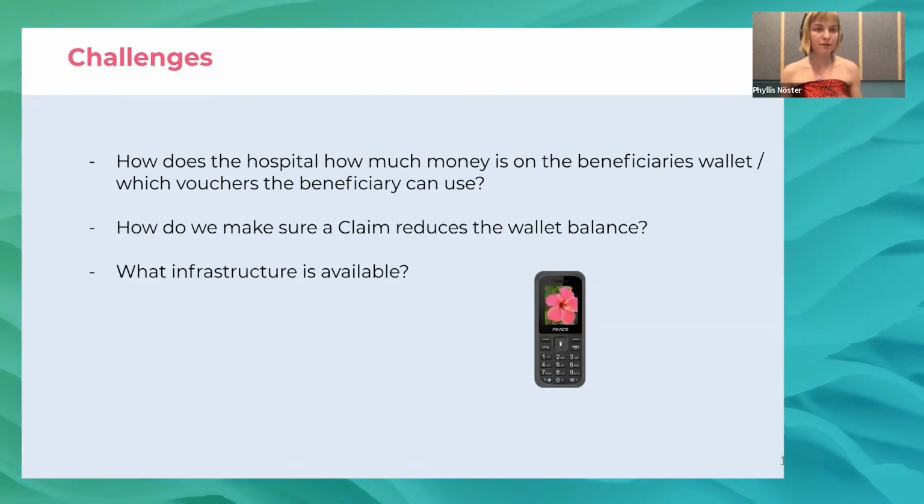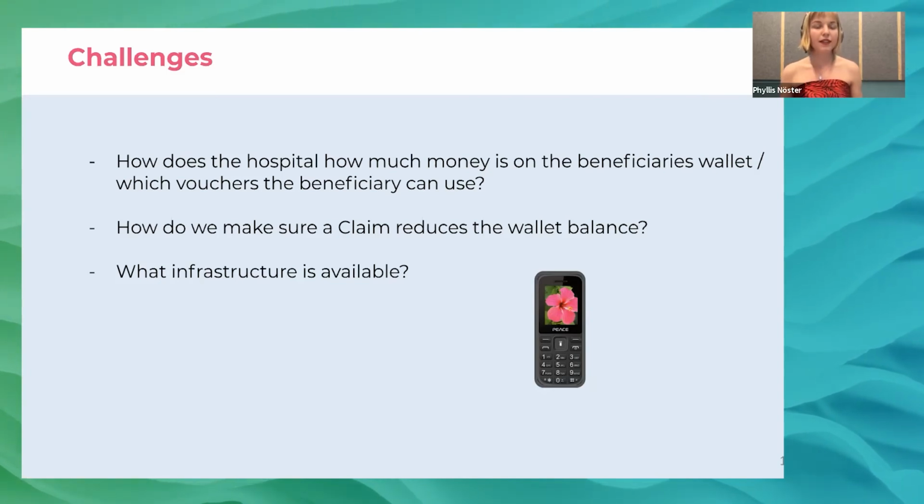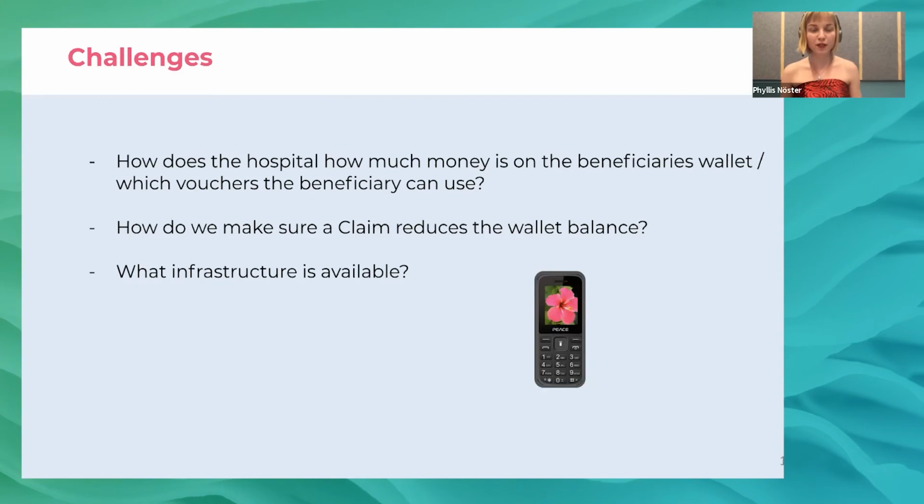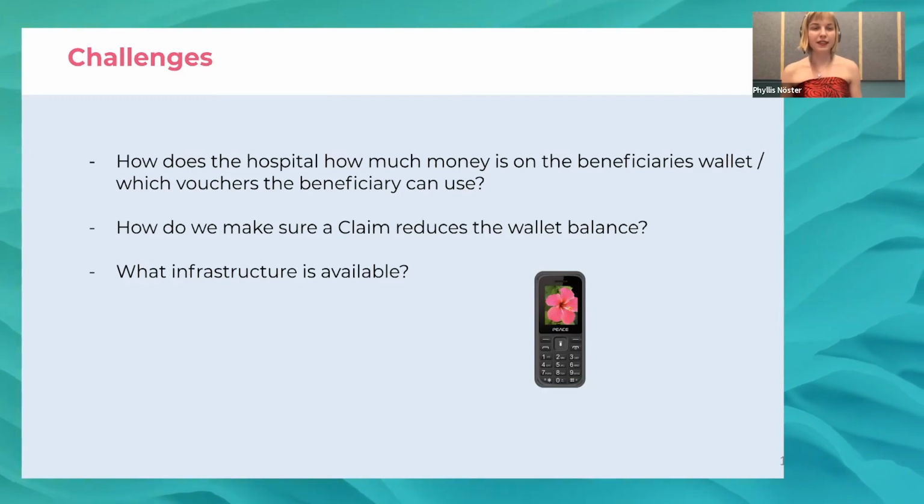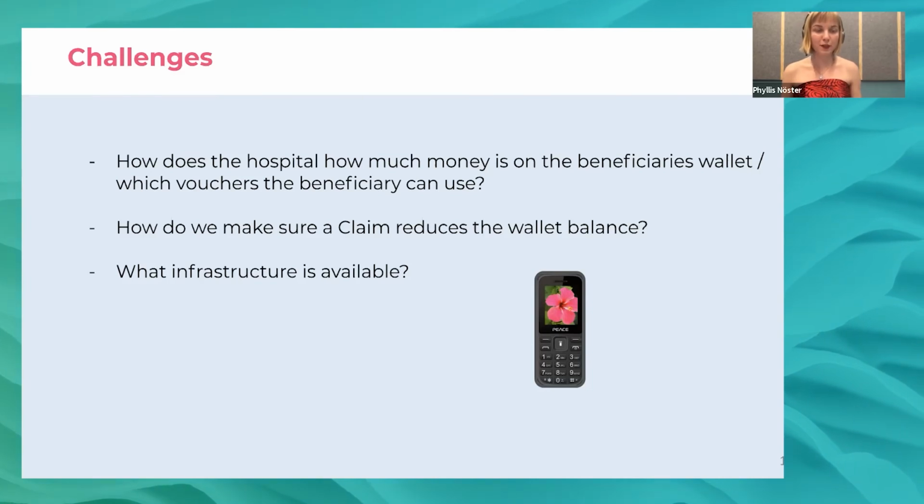Now, in the scenario that a claim has already been filed offline, again, how do we know what the reduced balance of the beneficiary is or which vouchers have already been used? And in relation to that, we were thinking about what infrastructure is available on the ground. And the idea that we came up with was to also use USSD for API calls.